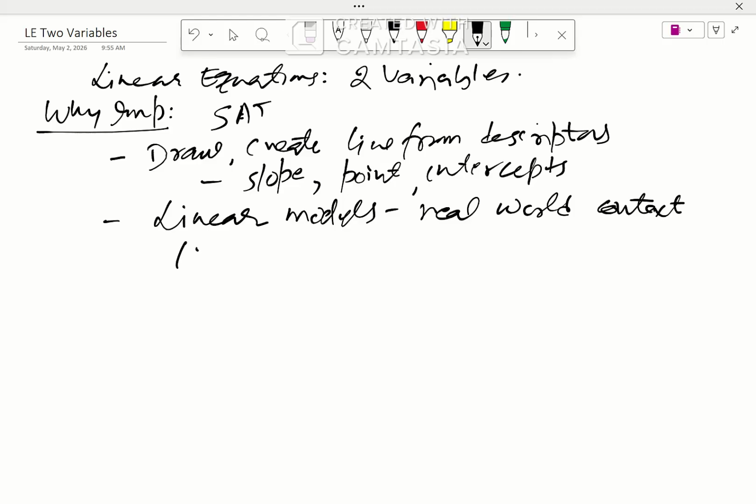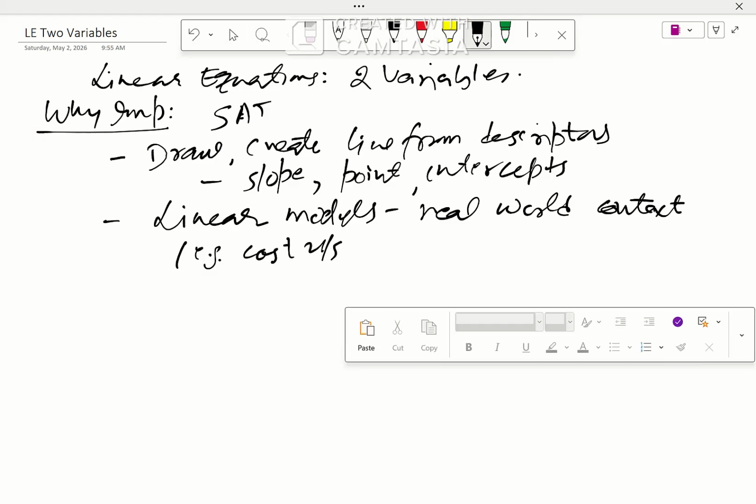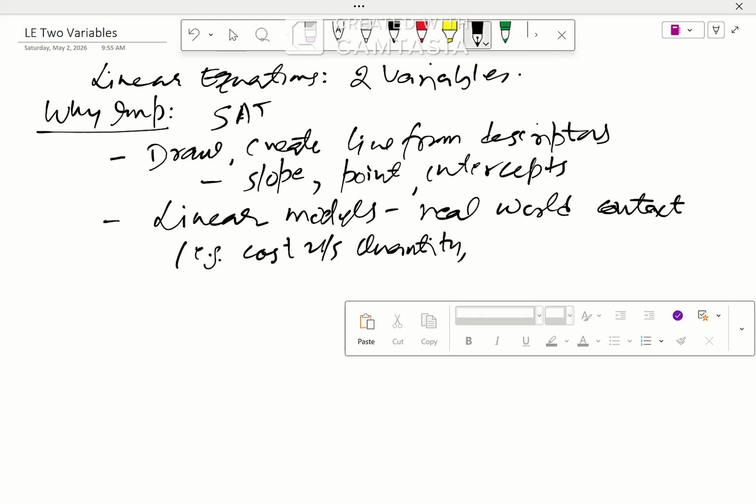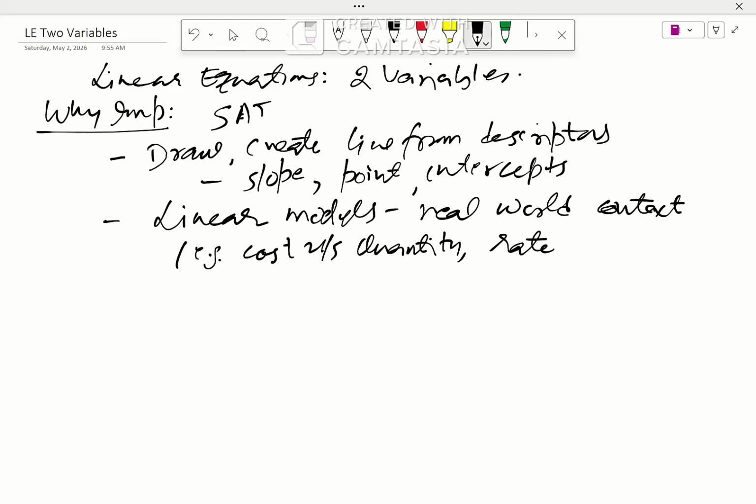For example, these could be a cost versus quantity type of problem, or rate type of problems. So these will be drawn from different areas in the real world.